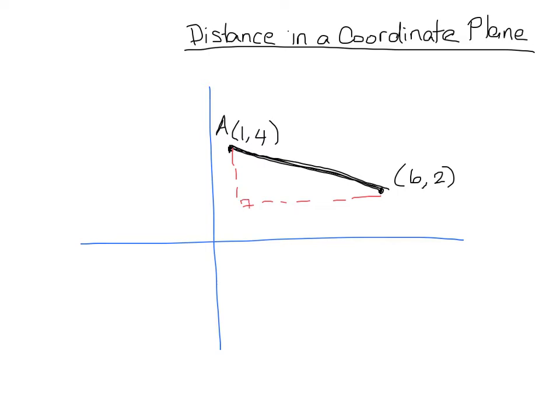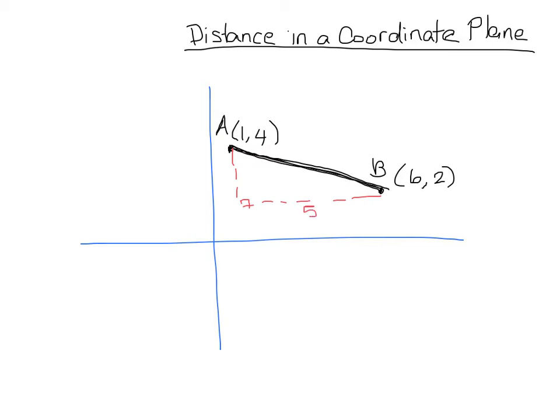Now, what is the length, the height and the base of my right triangle? Well, going across from point A, which is at an x coordinate of 1, going across to point B, we're going from 1 to 6. So as we know, we can just subtract those coordinates, and we get that the length of the base is 5.